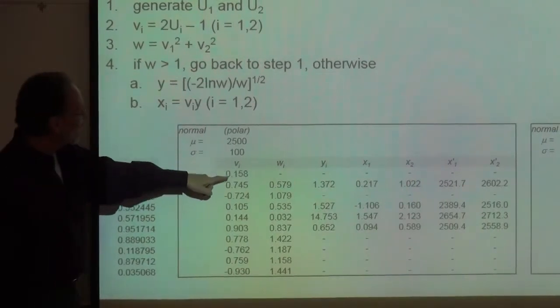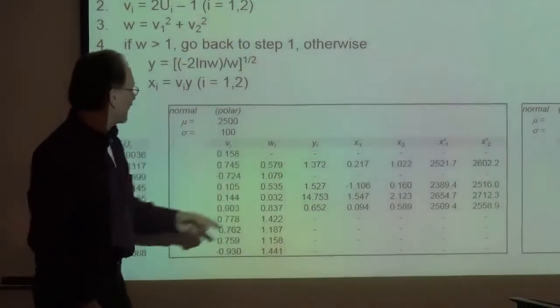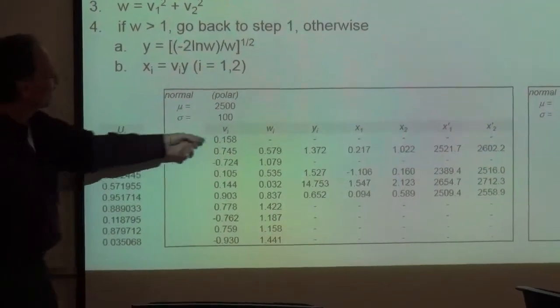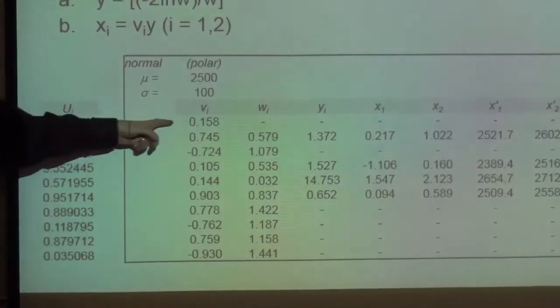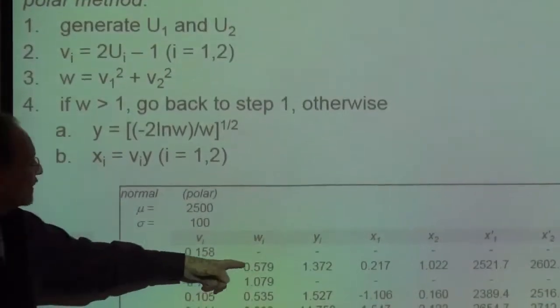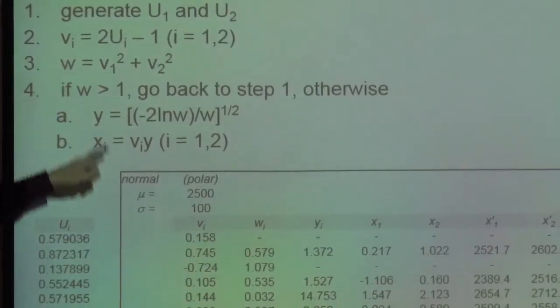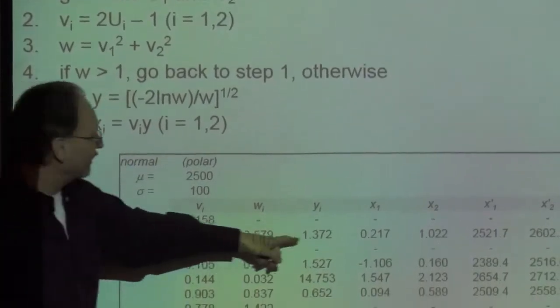Okay, so then I have a v1 and a v2. Can't do it for the first row because I'm only looking at these two. So the first row, I've thrown that out. So I generate v1 and v2, first thing I do. Then I generate my w. Okay? The w is less than 1, so I can continue.